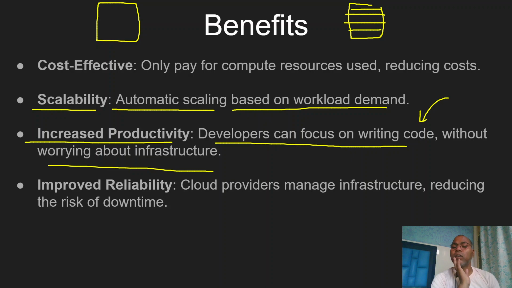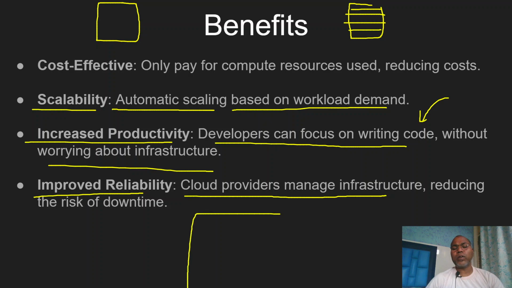So it will increase our productivity, and even it improves reliability, because the cloud provider which is managing the infrastructure reduces the risk of downtime. The cloud provider is very large, and a very scalable and reliable infrastructure is available nowadays.